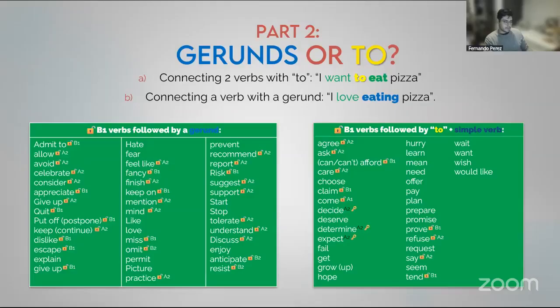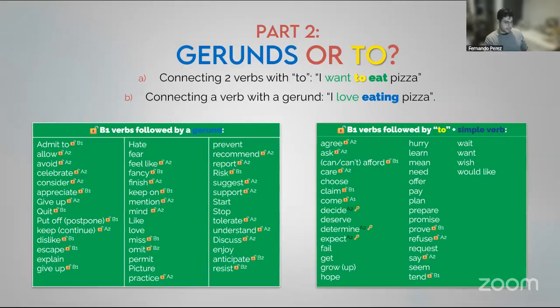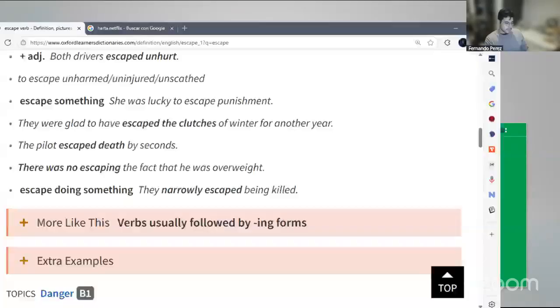Another. We are on keep on doing. I like this one. Attention. End up. Everybody, pronunciation. End up.